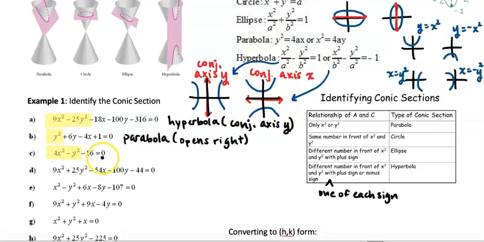If I move this 16 to the other side, I'm adding 16, and then I have something that looks like x squared minus y squared equals a positive number. And so it's going to look like this first equation. And so it's going to be a hyperbola with a conjugate axis of y.